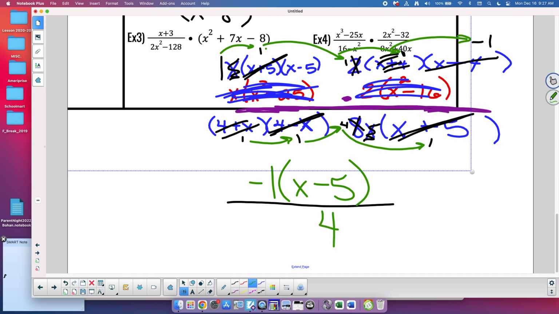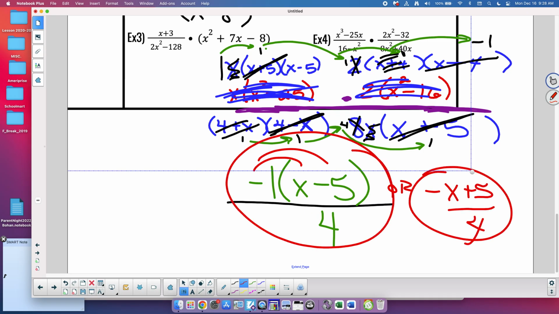I'm getting 4. Okay, that's a monomial, that's a binomial, you can't touch it. Now, if you don't like the negative out in front, then you could run it through and call it negative x plus 5 over 4. But both of these work, and if I were you, I'd just stick with the first one, okay?